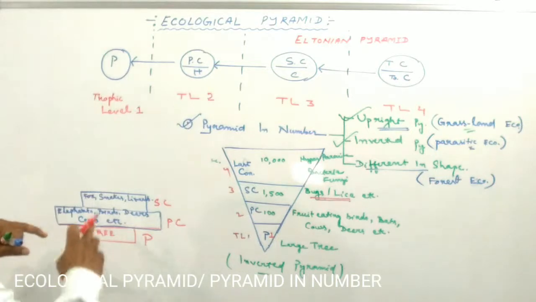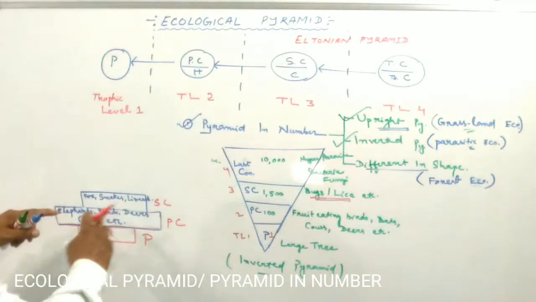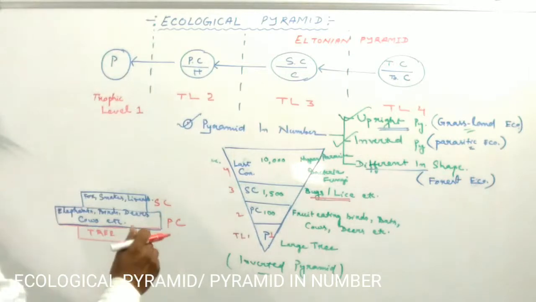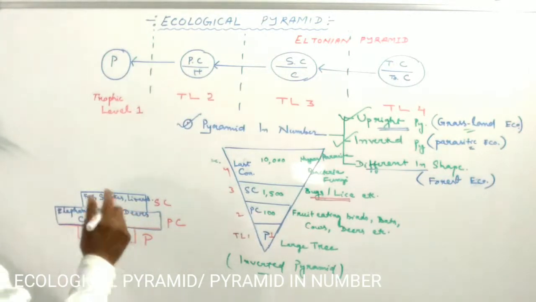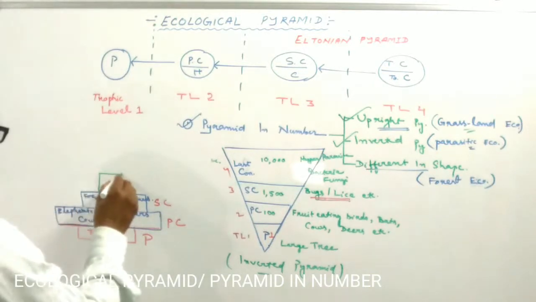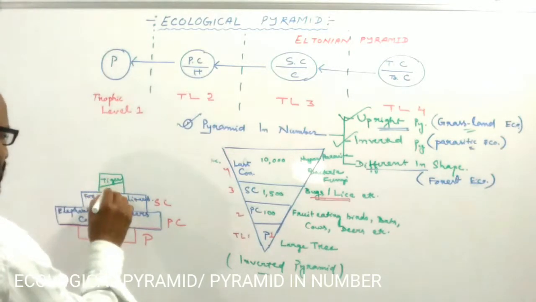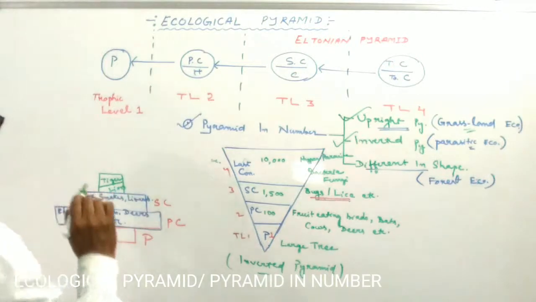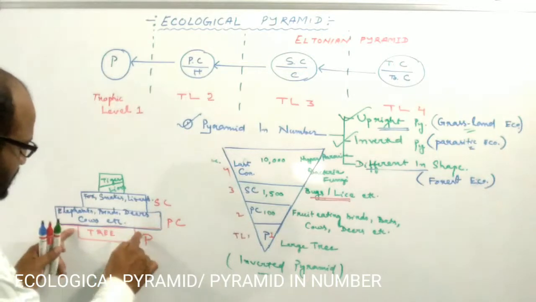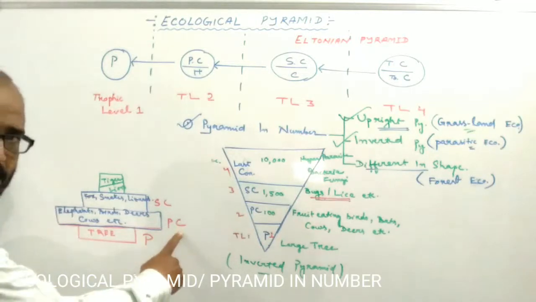So the number of foxes, snakes, lizards is less than the elephants, birds, deers, cows, or the herbivores present in a large or dense forest. And such foxes, snakes, lizards support 1 or 2 or 3 lions or tigers. So here you find the producer level is very small as compared to the primary consumers.